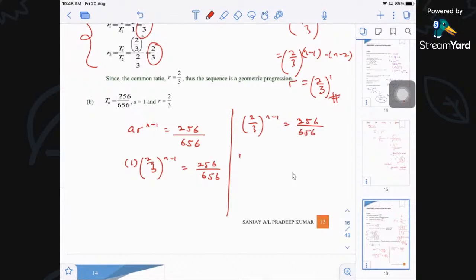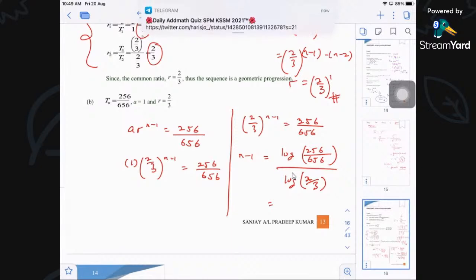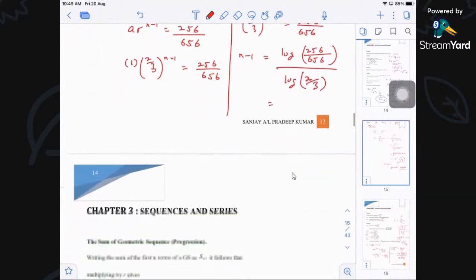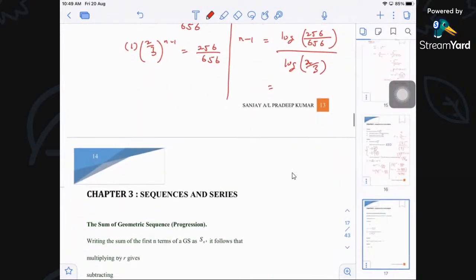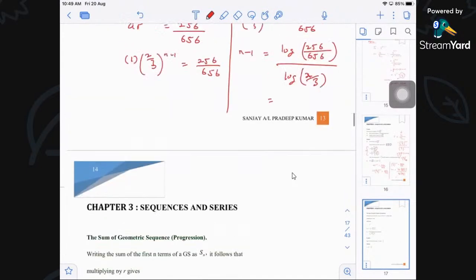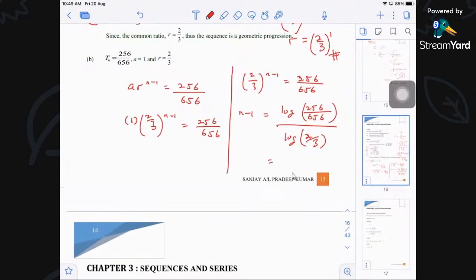Here, of course, I take log. So n minus 1 equals to log of 256 over 656 divided by log of 2 over 3. If you press both of the logs individually, each is going to give you a negative. Clear? So for me to just press the answer here, I get log of 256 over 656, you're going to get negative 0.40-something.